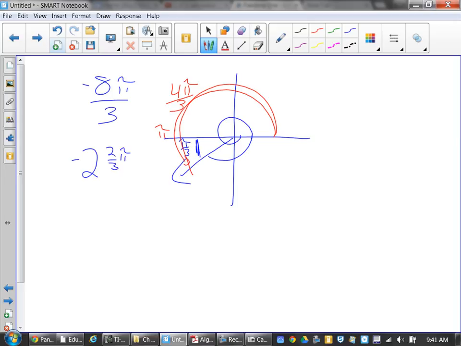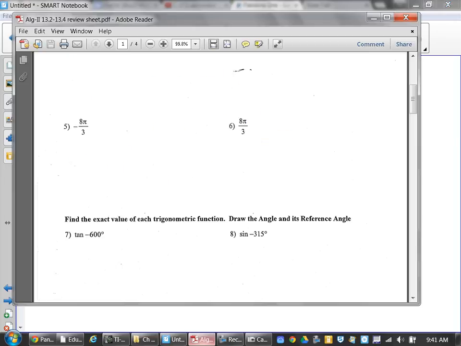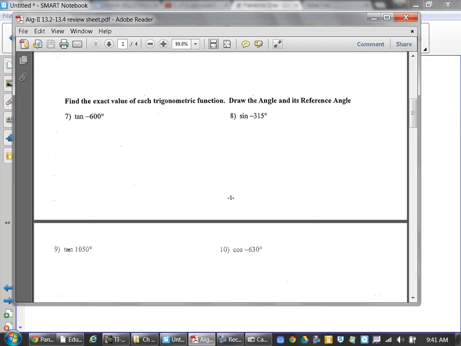All right. And then when you start getting into your trig functions, you have the tangent of negative 600.